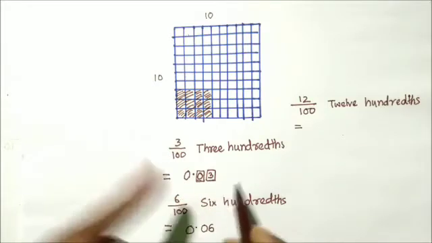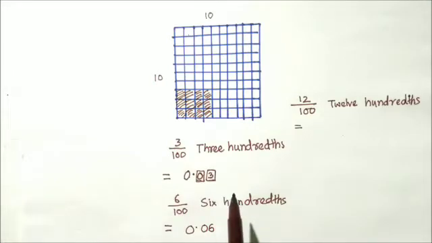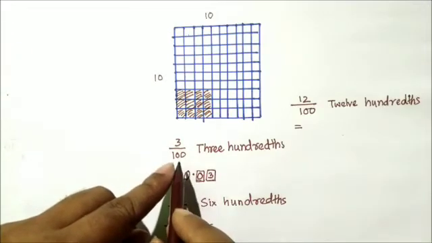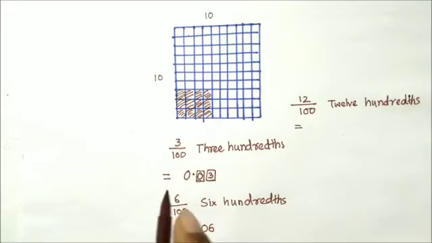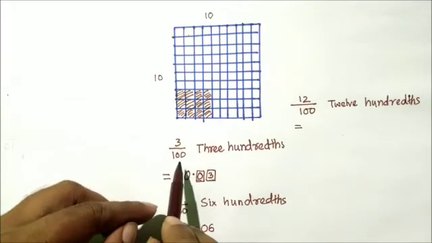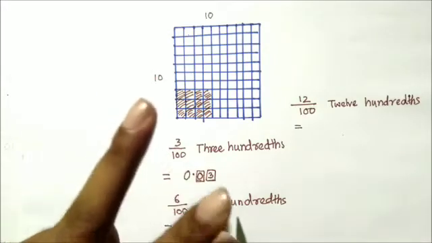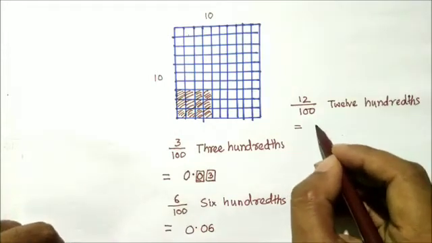In the tenths part, in the previous video, you noticed we placed only 1 digit after the point. Why? Because there we discussed tenths, where in the denominator we wrote 10, which has 1 zero. But here 100 means 2 zeros, so after the point we must keep 2 places. So for 12 by 100, after the point we must keep 2 digits.